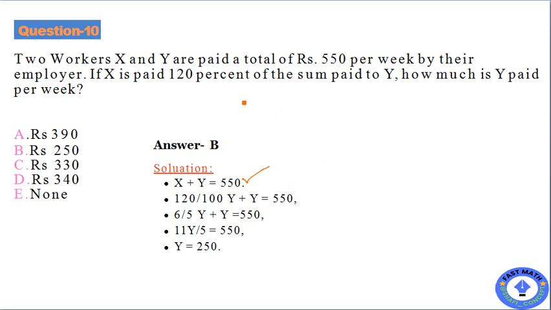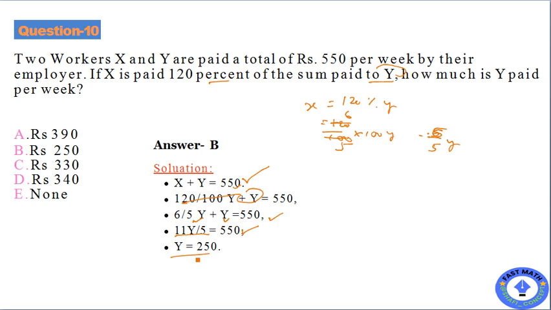X is getting 120% of the sum paid to Y. That means X is 120% of Y, which is 120 divided by 100 of Y. Sorry, this is 6/5. 6 twenties are 120 and 5 twenties are 100, so it is 6/5 Y, which is 120 by 100 Y. Then 6/5 Y plus Y is 550, and 11Y by 5 is equal to 550.